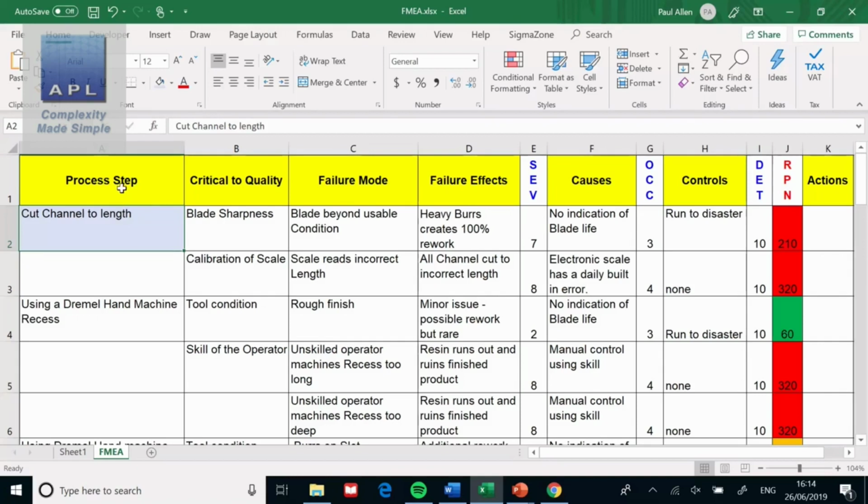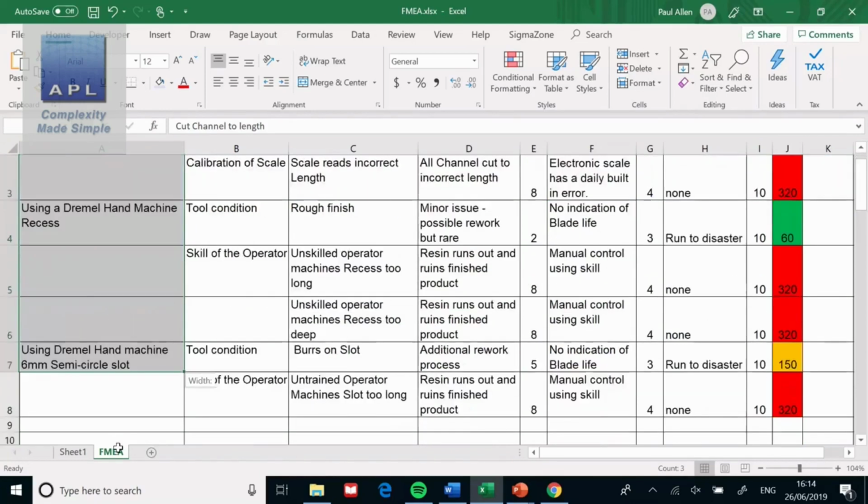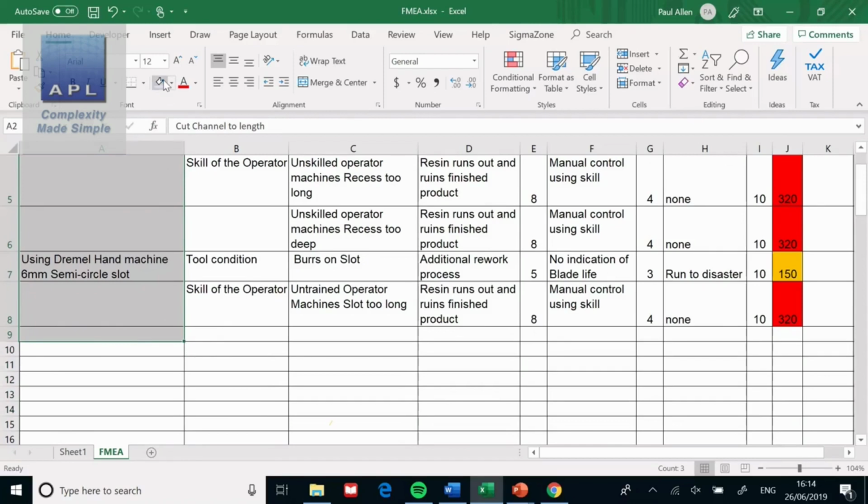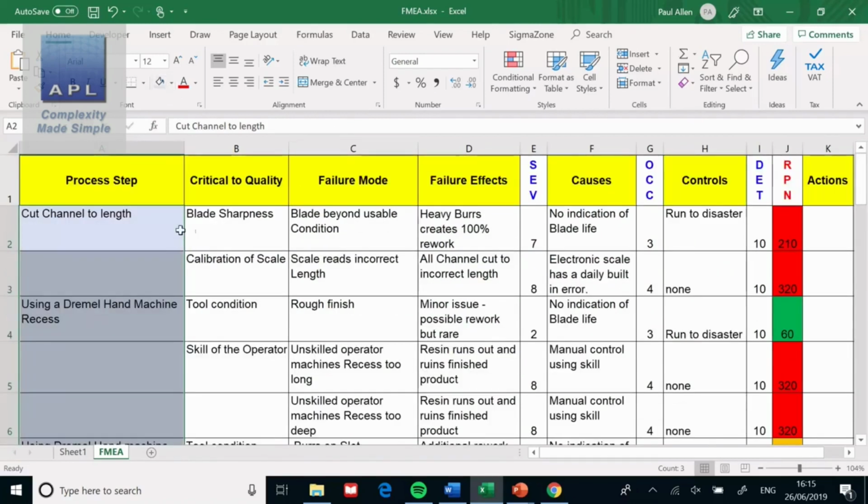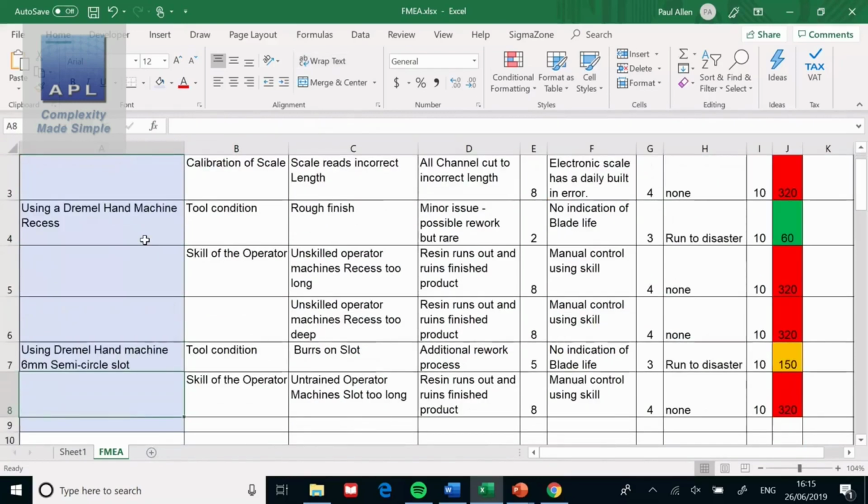So you can see the first box, look, cut to length. So in this side of the document, we've got the process step in every case: cut to length, using the Dremel to hand machine the recess, using the Dremel to hand machine the 6mm semicircular slot.